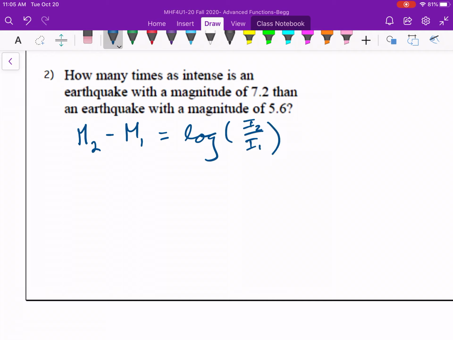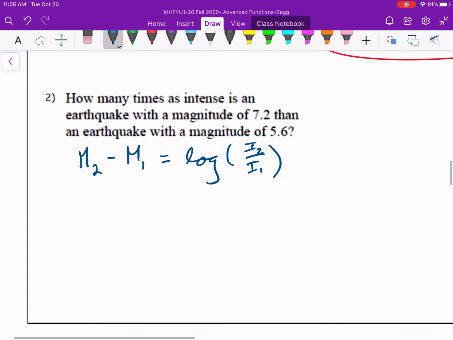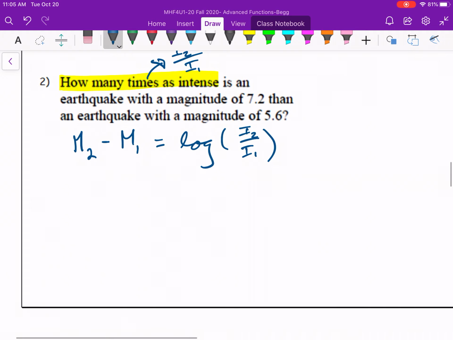And I2 over I1 is what we're looking for. That's the intensity. So it's a single variable the way we're thinking about it, and we're just solving for that. So we put in the larger one as M2 because we need to subtract smaller from larger to have this formula work.